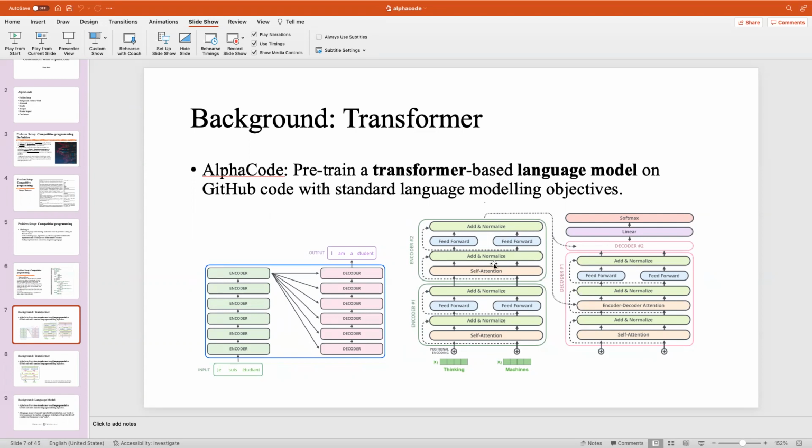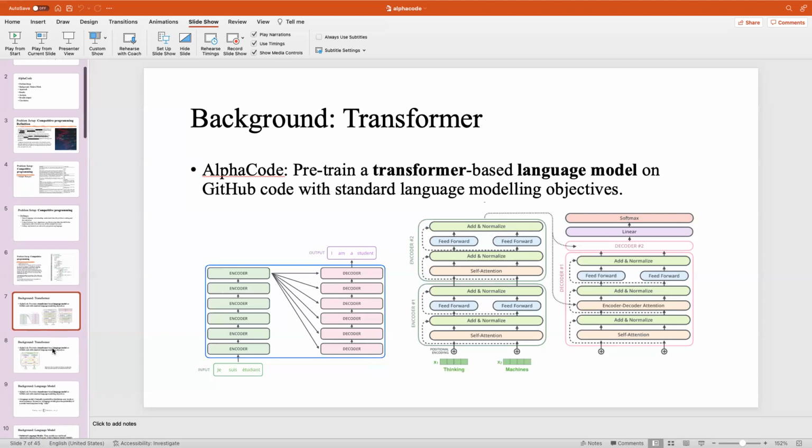And after the encoder, the attention and the high dimensional embedding will go to the decoder, and the decoder will use the high dimension embedding and also the input to compute some generation probabilities. And based on the generation probabilities, the model could generate different tokens and sentences. And yeah, that's a brief introduction of the transformer.